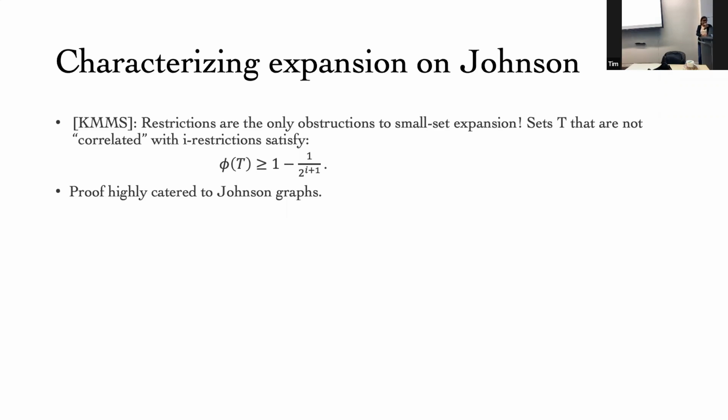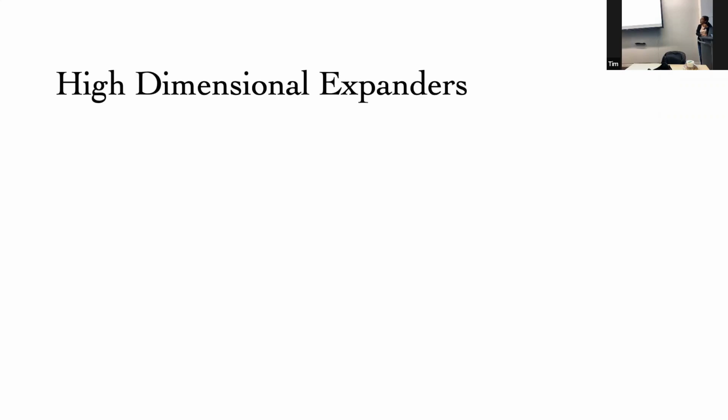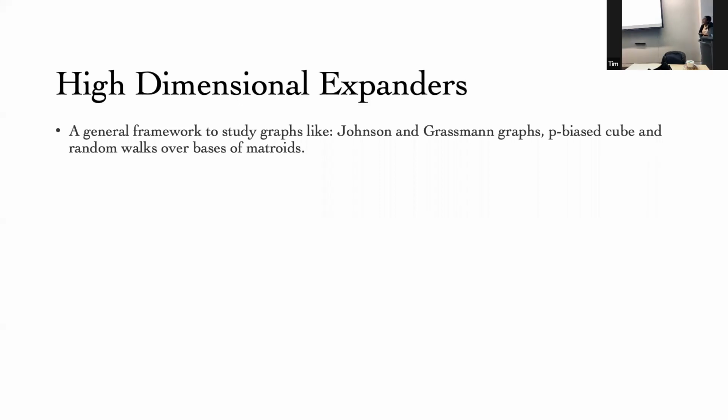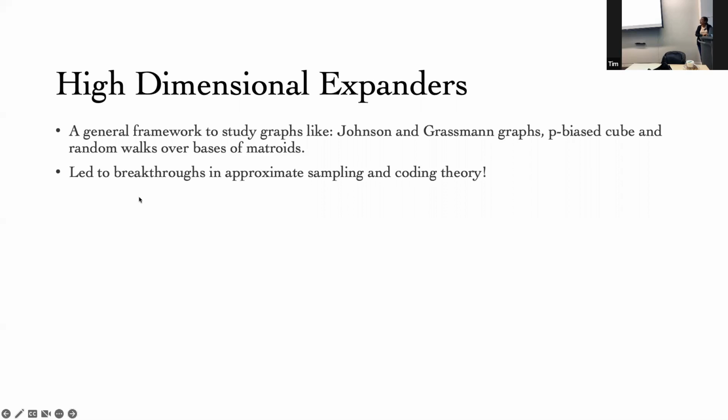So we generalize this result to high dimensional expanders. High dimensional expansion provides a general framework to study these set system graphs, like Johnson, Grassmann and p-biased cubes, and it has led to many recent breakthroughs in approximate sampling and coding theory.